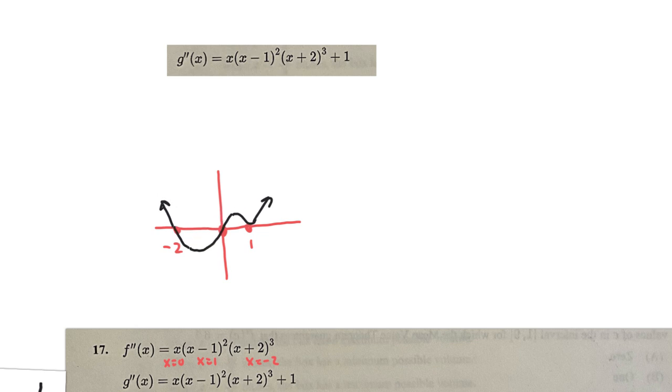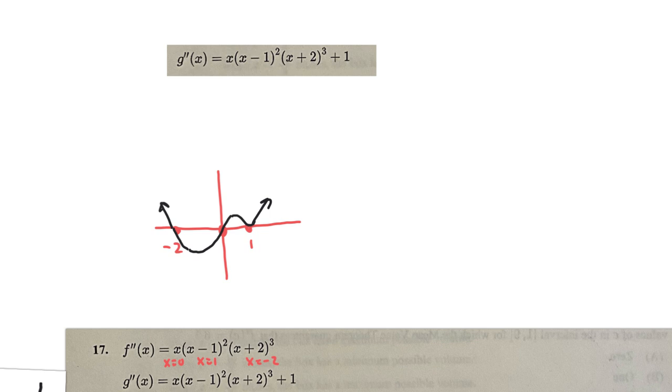So in my opinion, the best way to investigate that, now there could be a better way. Maybe there's a really easy way that I'm missing. But in my opinion, the best way to investigate that is find a point that's somewhere over here, and then plug the x value of that point into this G double prime, okay?